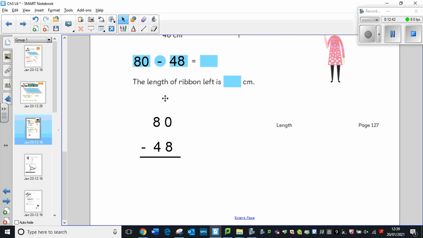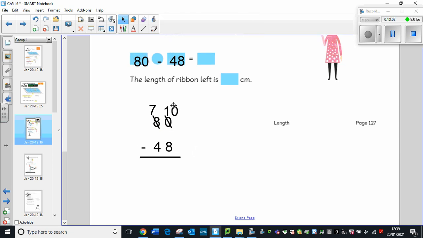So what I'm going to do is go to my tens. I'm going to borrow one of my tens and rename it for 10 ones. There we go. So then 10 ones take away 8 ones.